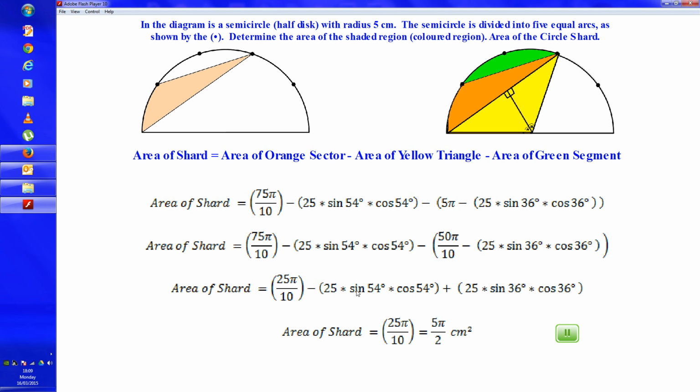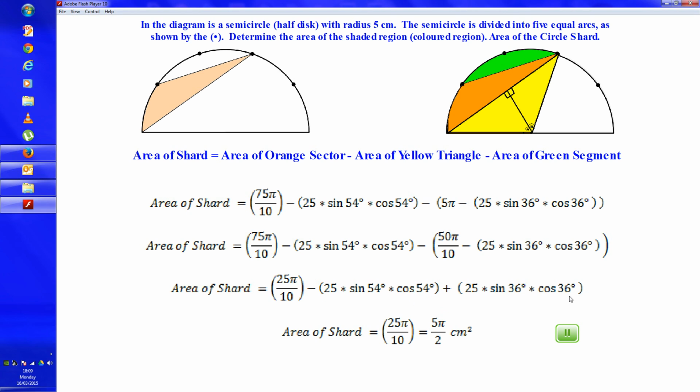Now the 25 sine 54 cos 54 does cancel with the 25 sine 36 cos 36 degrees. You initially think why, simply because they lie on a symmetry between where the cosine and the sine graphs cross.